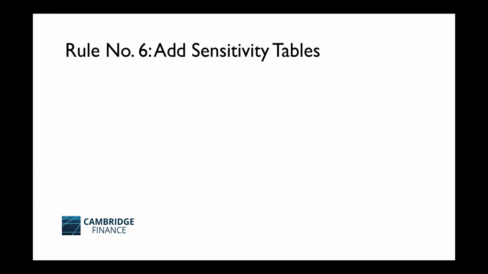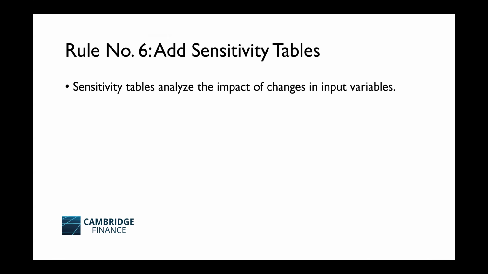Add sensitivity tables, the sensitivity analysis. Sensitivity tables are like the what-if analysis. If you change one input, what's going to happen to your outputs, and you use the data table for that. The good thing about sensitivity tables is that if you have hard-coded values in your formulas, it may well be that your sensitivity analysis doesn't work.